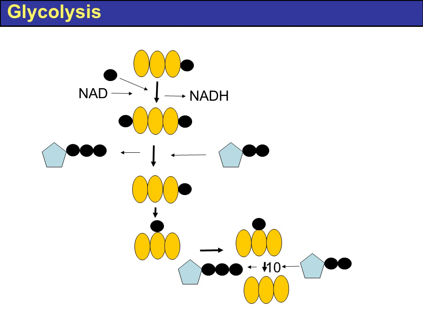In step 10, we're going to take phosphoenol pyruvate and convert it into pyruvate. This step will also create ATP. Do not forget, these steps occur twice. Steps 6, 7, 8, 9, and 10.